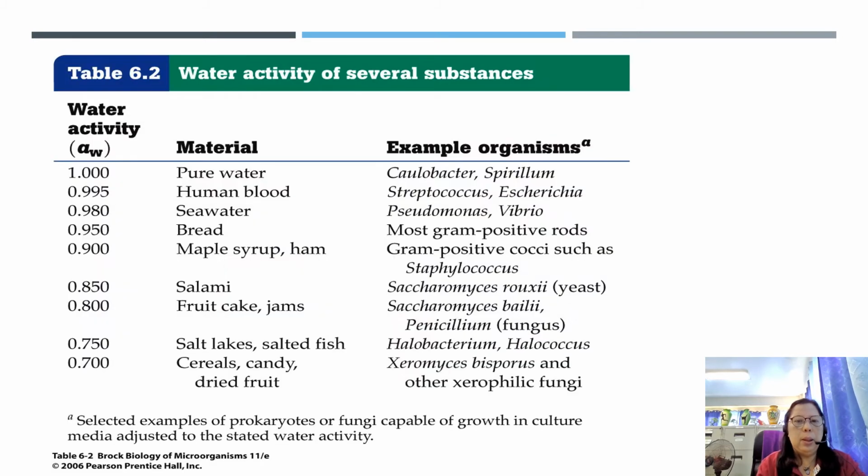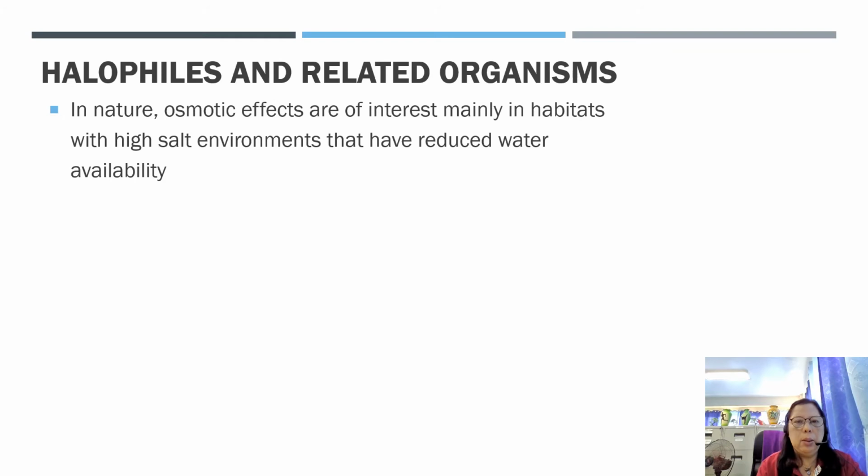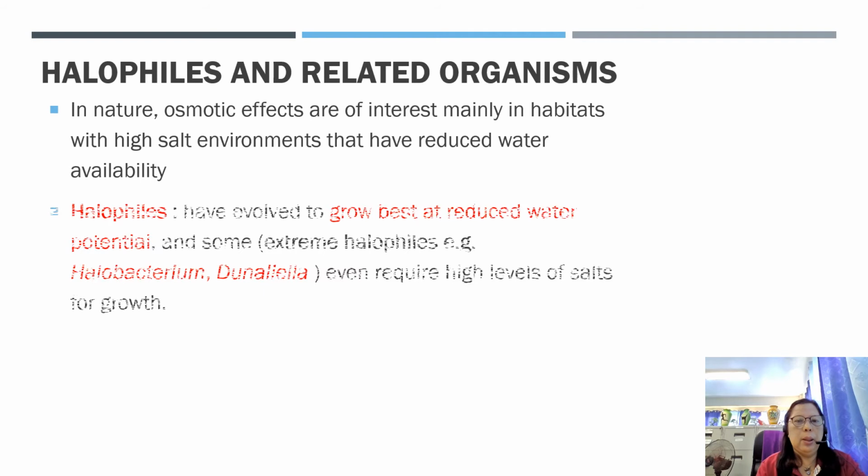Okay. These are examples of microorganisms that could grow based on water activity. And then halophiles and related organisms. Osmotic effects are of interest to many microorganisms that are residents or host habitats belonging to high salt environments. So you have examples here, the Halobacterium and Dunaliella.